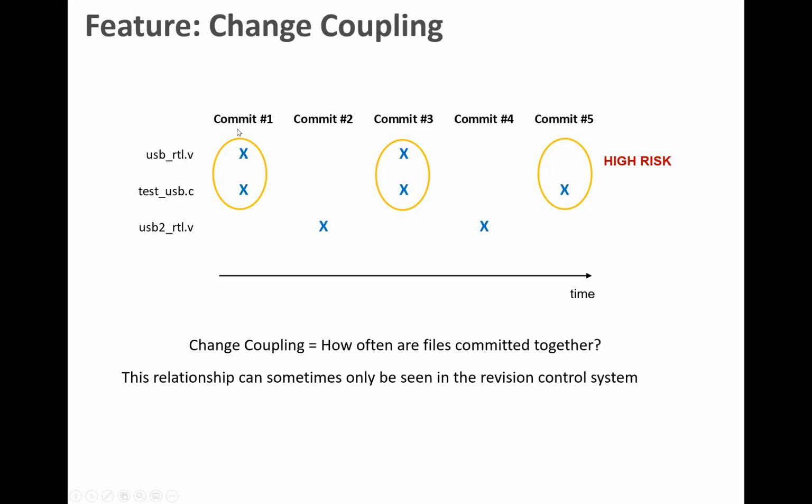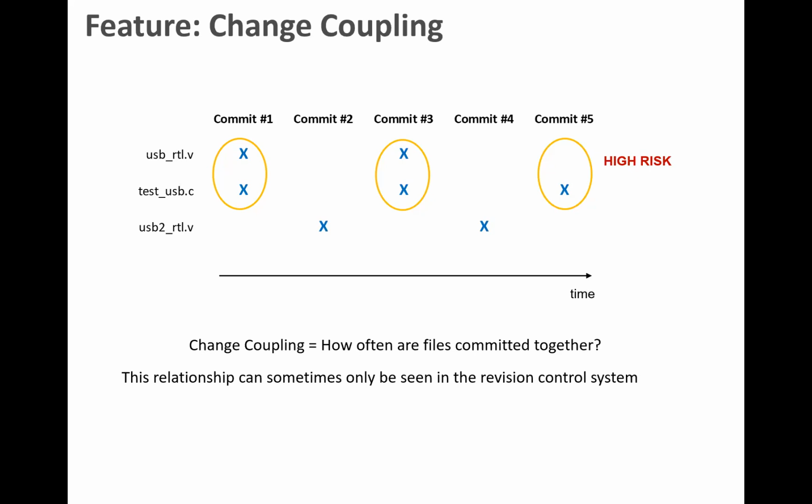But in the revision control system, you can see that they tend to be committed together. Not always exactly together, but close together. So you can see there's a coupling, and this is called change coupling. It's a terminology invented by academia doing research on this topic. Change coupling allows you to see connections between different files and modules independent of language.